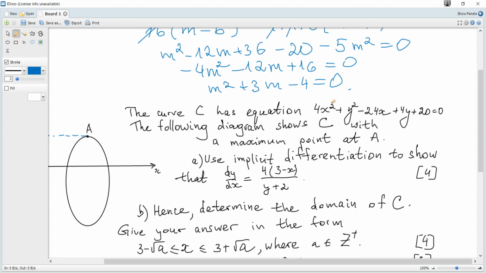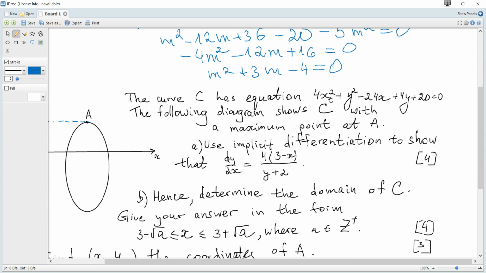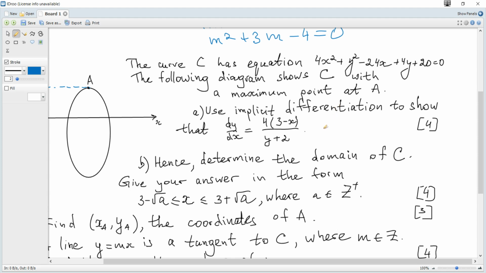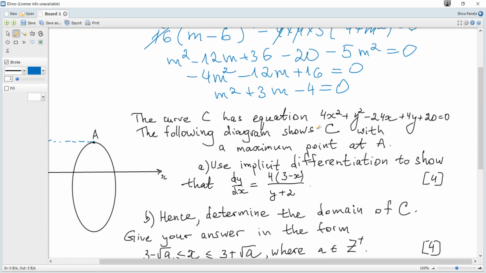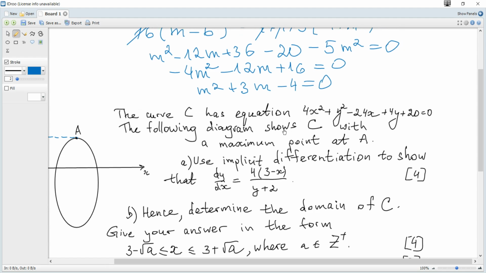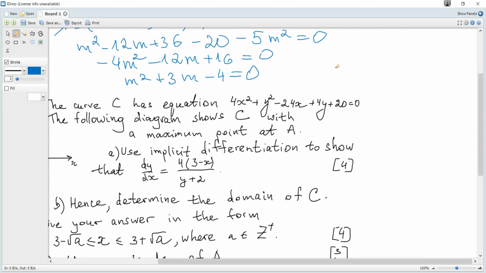And it is given that the values of m are integers, so you may try some product rule or factorization. I will use the discriminant again. Discriminant b squared minus 4ac is 25.